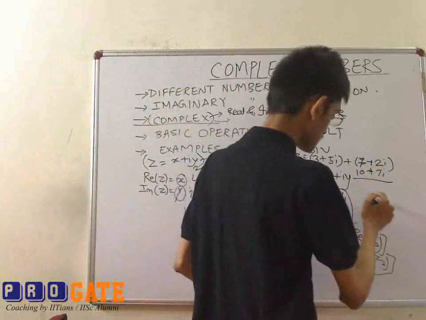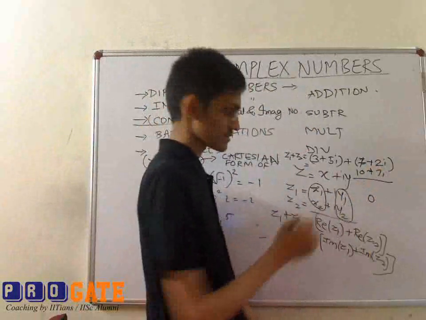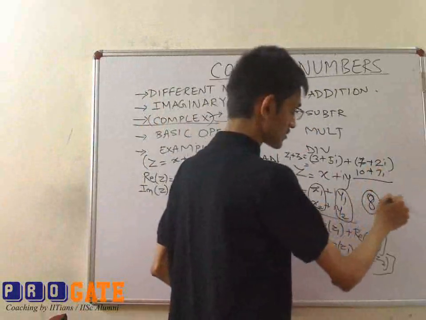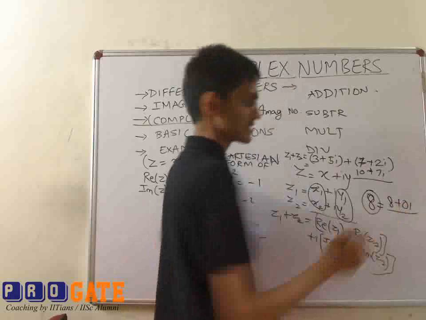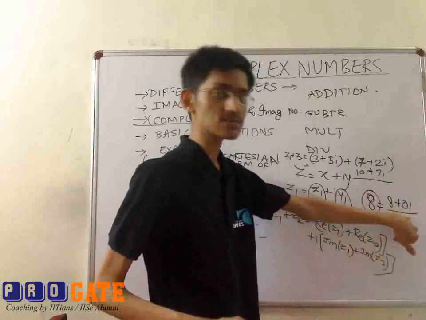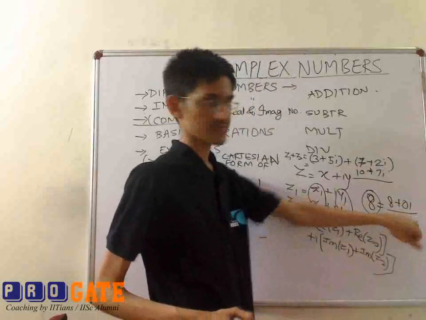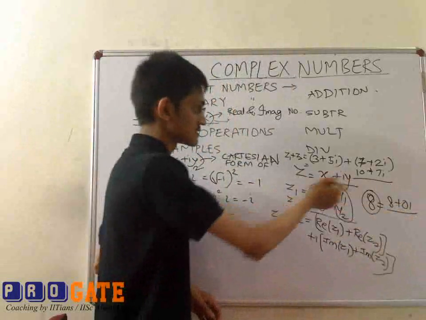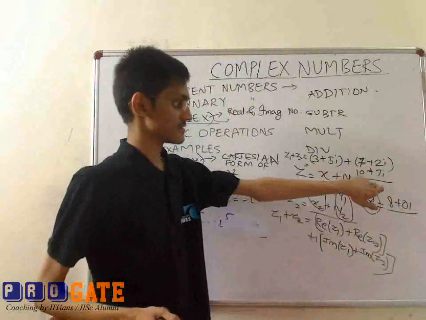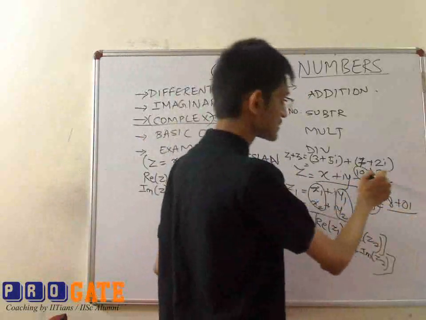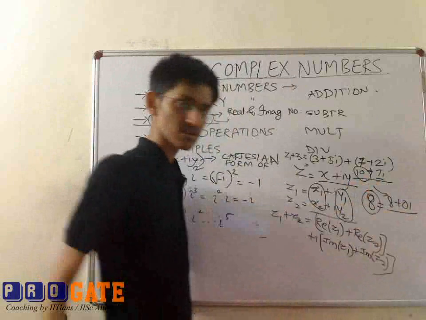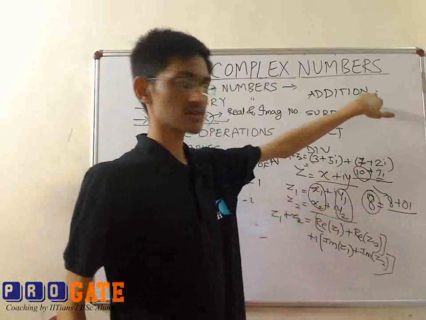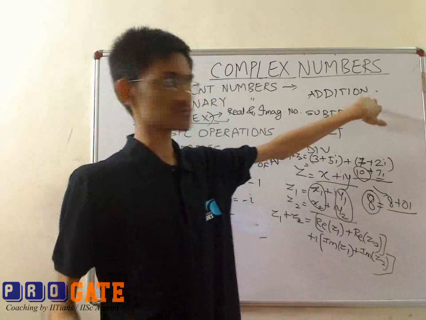Even a real number, suppose you get a real number 8, it may also be written in the complex form as 8 plus 0i, where the imaginary part would be 0. So it's not necessary, but even if you get just the real part and imaginary part is 0, we can call it a complex number where the imaginary part is 0. So any real number is a complex number with imaginary part to be 0.